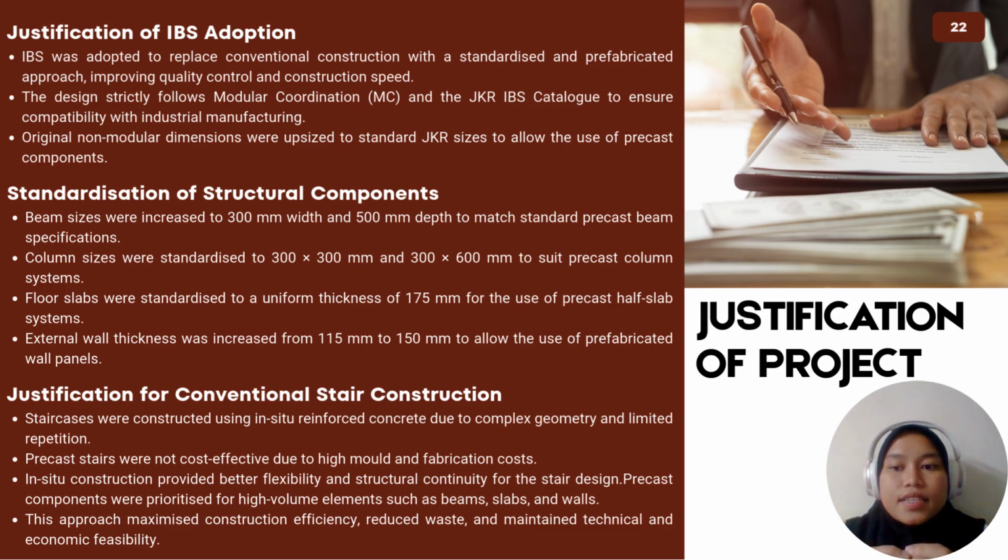The design follows modular coordination, which is MC, and the JKR IBS catalog. So this project uses IBS to shift from conventional on-site construction to a standard prefabrication approach. So we improved construction quality and shortened the project duration.